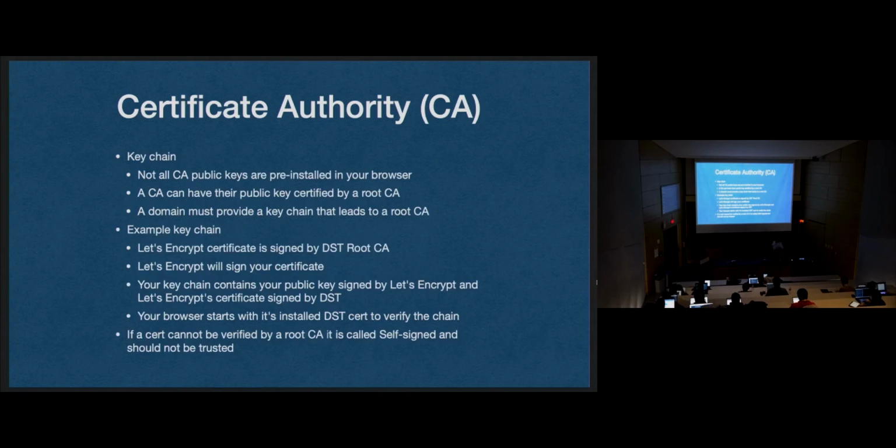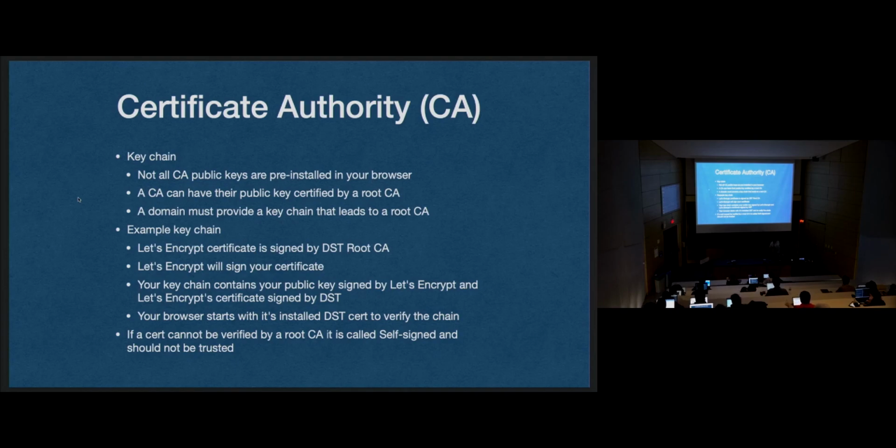So we usually don't go to root CAs. Root CAs are the only things that are trusted, but we go to regular non-root certificate authorities. This brings up something called a keychain. We get our public keys signed by a certificate authority using their private key.